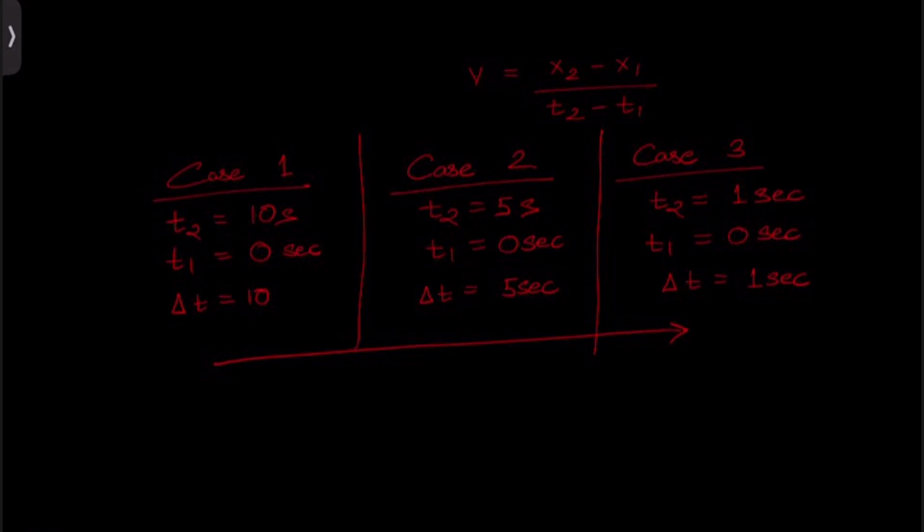Quite evident. In general terms, you can also say that as I'm trying to decrease the value of delta t, there is a very high chance, let me say there is complete chance, that the displacement will also decrease. Let us try to decrease delta t to a very small value.